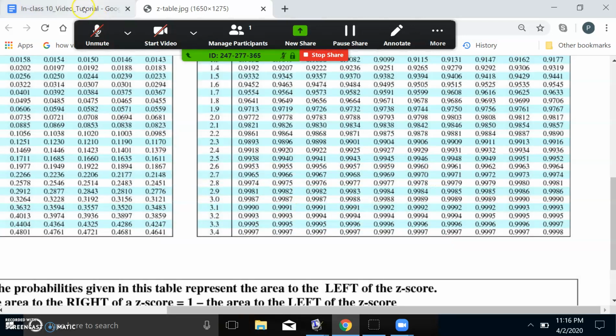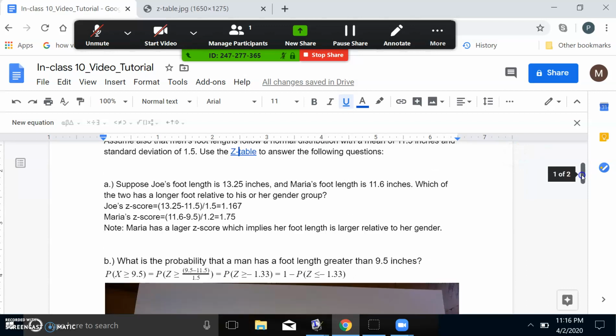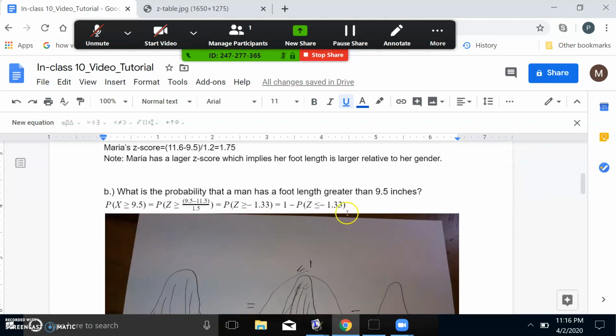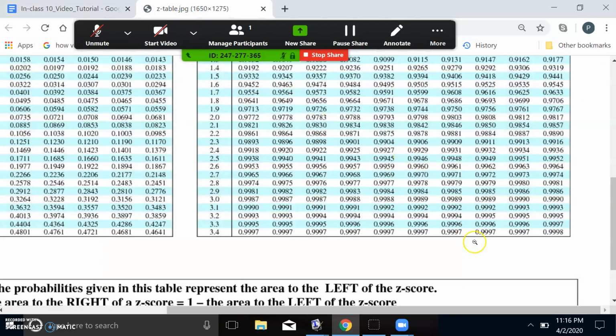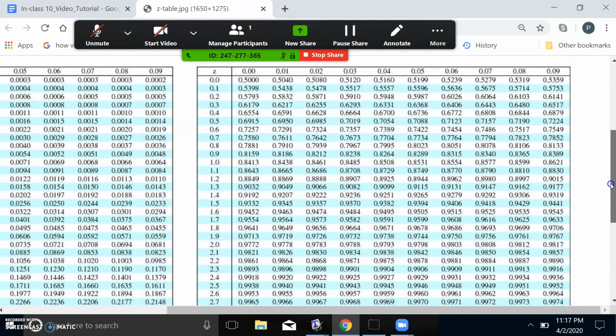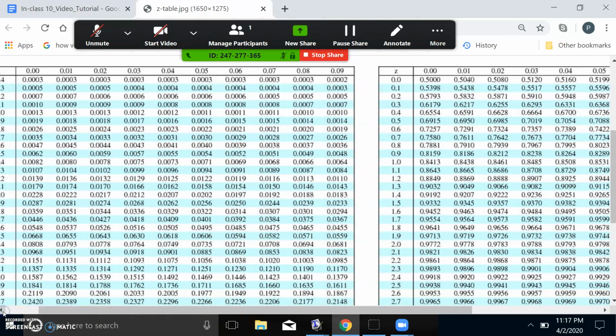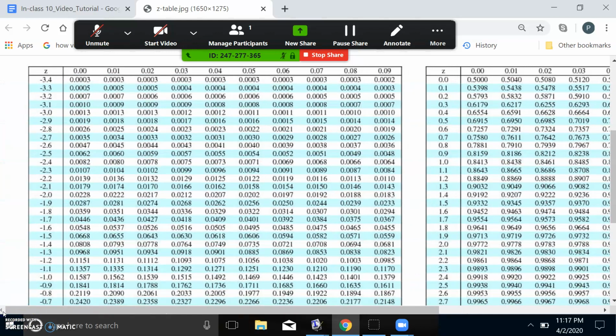We're looking for negative 1.33. Our negative ones are on this side. So here's negative 1.3 right here.